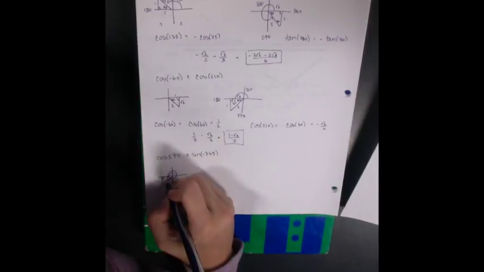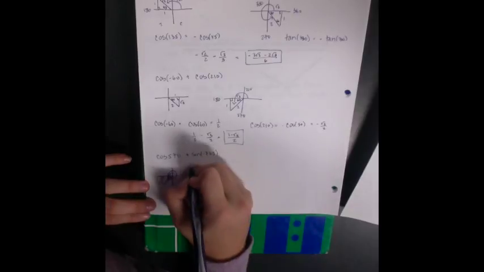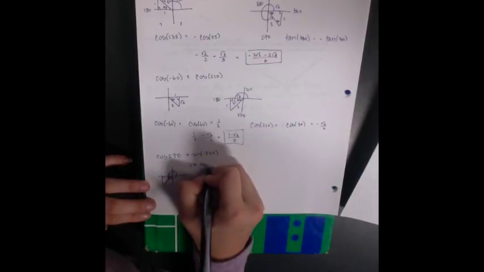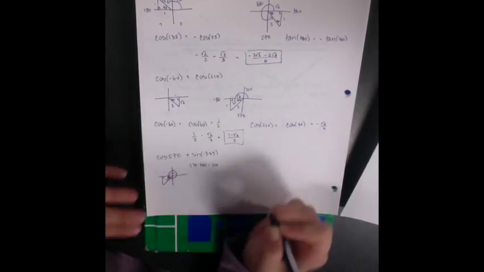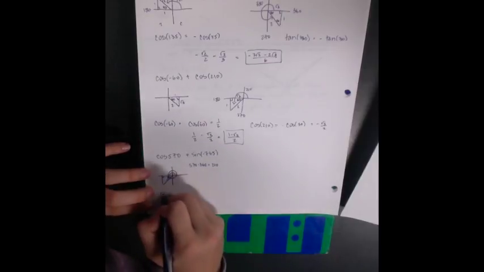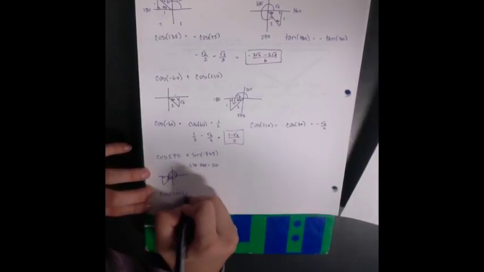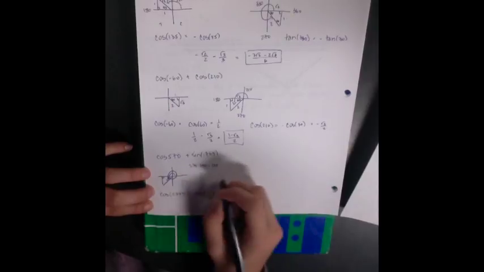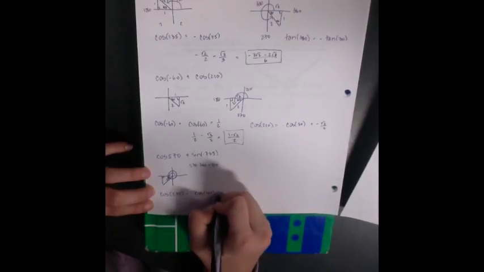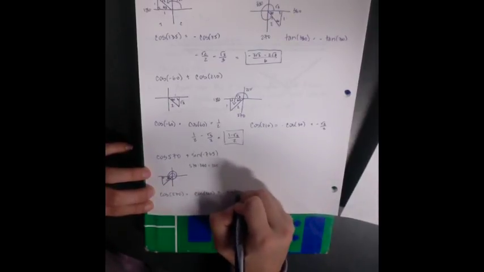We go 30 degrees past 180. 570 minus 360 is 210. So the cosine of 570 is really the same thing as the cosine of 210, which is the same thing as the cosine of 30, and it's negative because we're in the third quadrant. That is our coterminal angle.